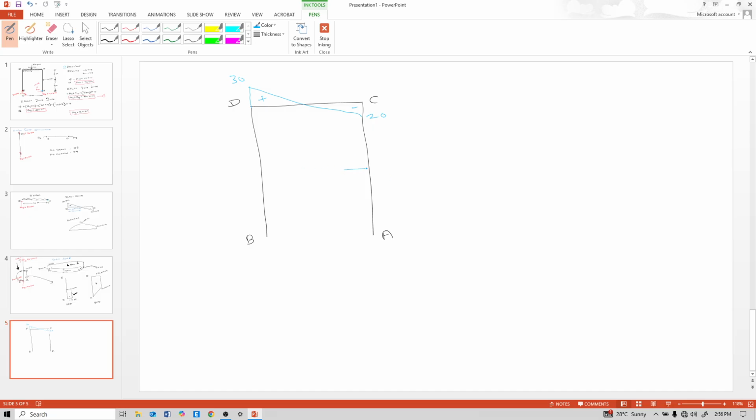So here it is like this. Minus 10, 10. Unit is kilonewton. Now draw BMD also, the bending moment diagram shape. This is shear force diagram. This is bending moment diagram.